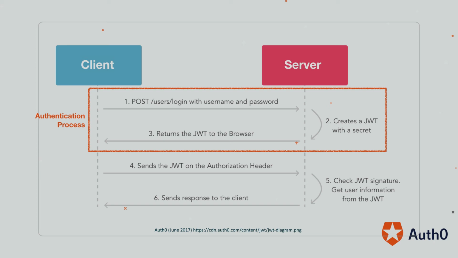The client sends their user and password, or it can be other strategies like passwordless, for example, and we only verify that the person is sending the correct credentials. If that happens, we create a JSON Web Token here. The interesting part is that the only one that has the secret key when signing this JSON Web Token is the server side. The clients never have access to that secret key. So no one else can decrypt the JSON or create a new one, only the server.